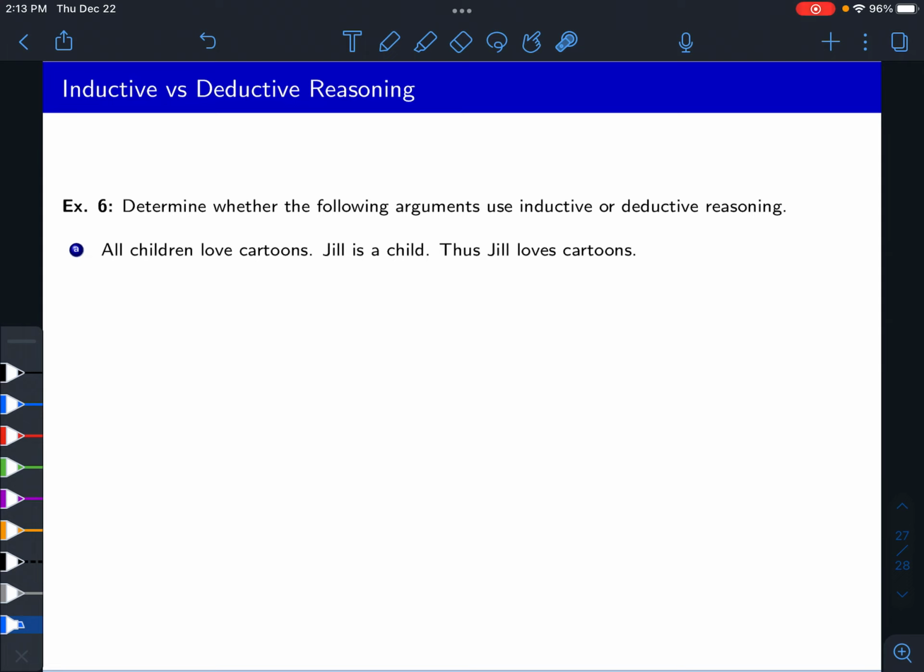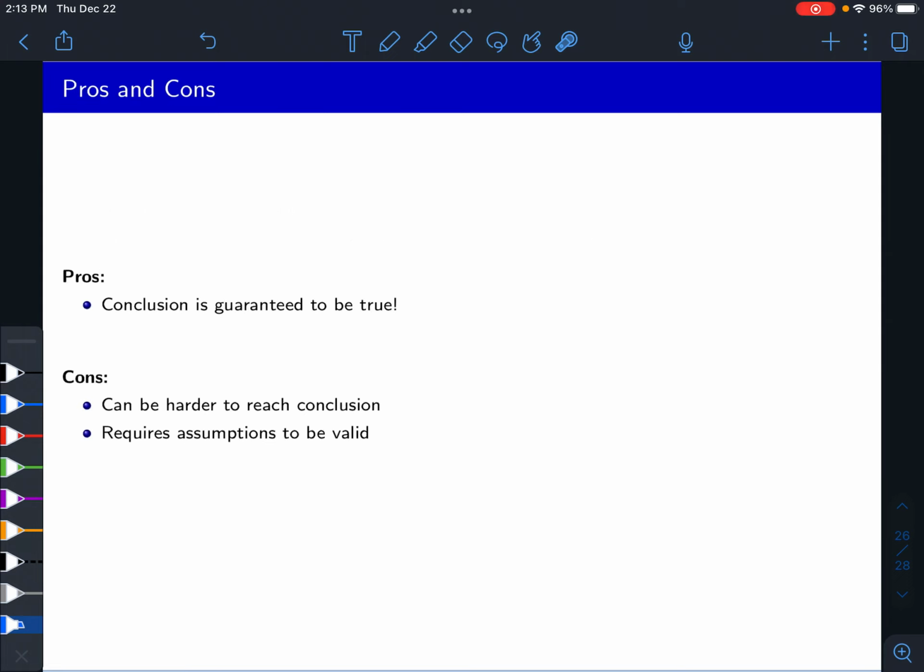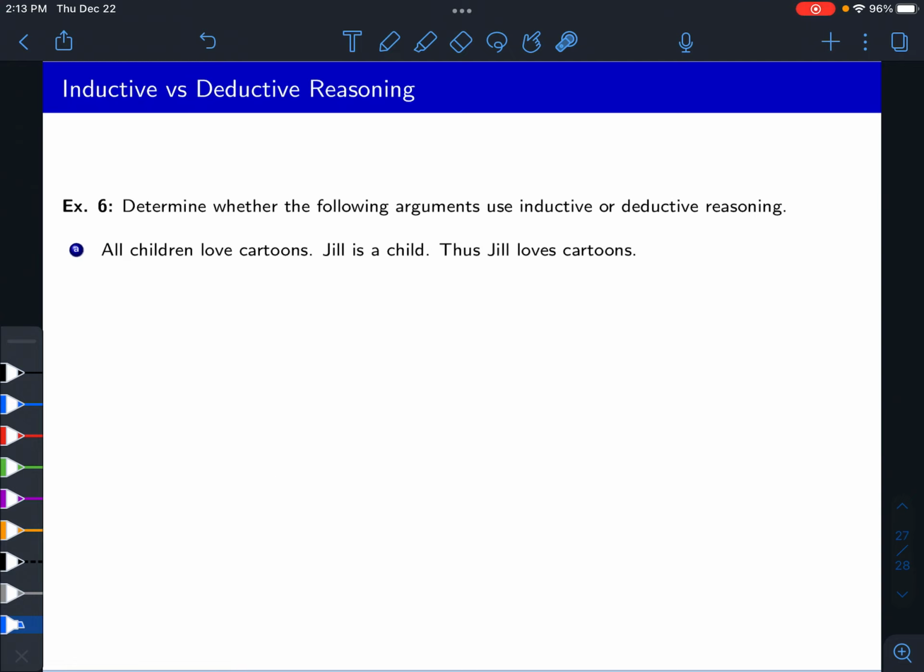So if you're making the assumption that all children love cartoons, that assumption might not be valid. And because it's not actually valid, you couldn't really apply this statement to the real world. This statement is true logically speaking, but that doesn't necessarily mean you could apply it to the real world.